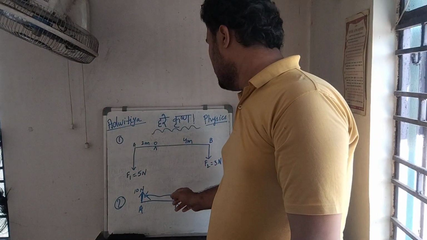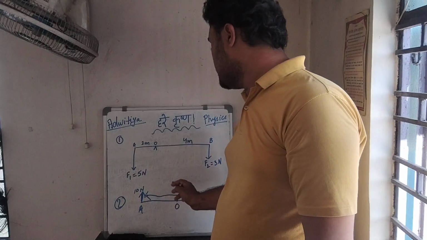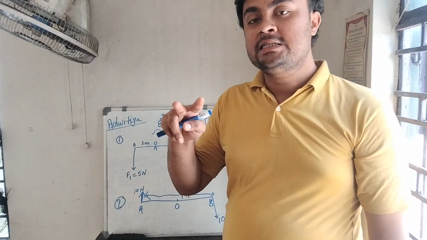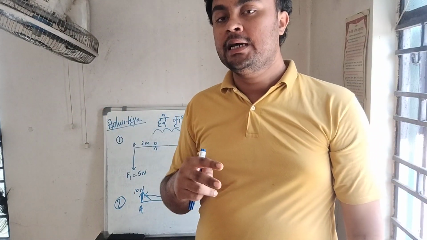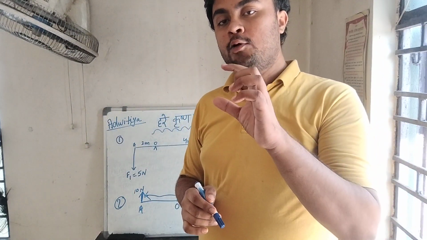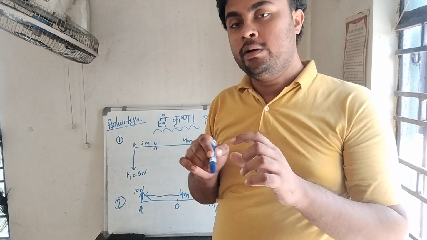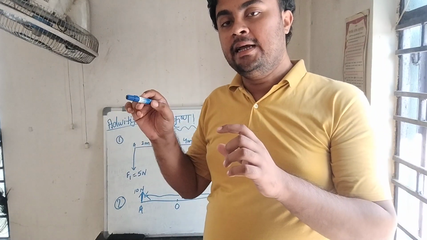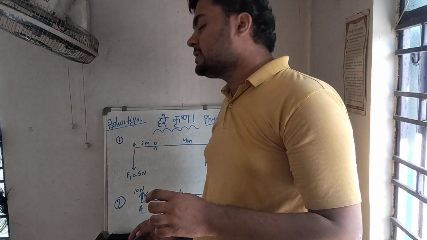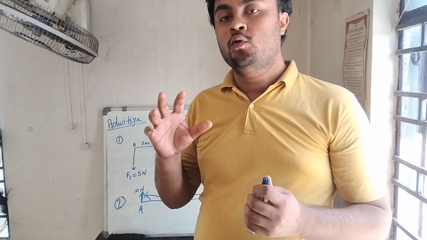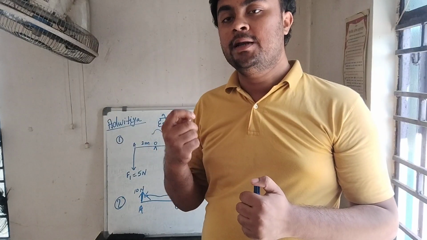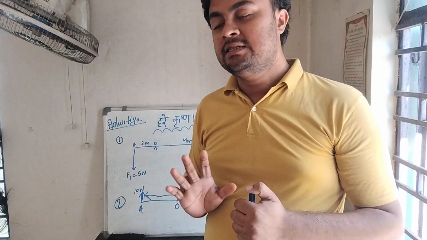So the total moment of force about this point O will be 10 into 2 plus 10 into 2 Newton meter, that is 40 Newton meter. 10 into 2 was for the first clockwise moment and 10 into 2 was for the second clockwise moment. So the total moment of force produced is 40 Newton meter in the clockwise direction.